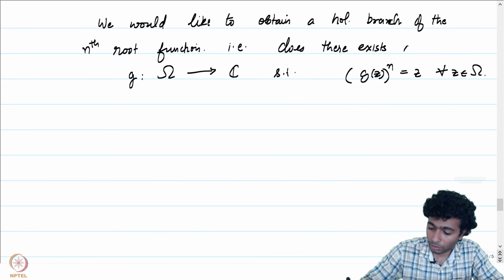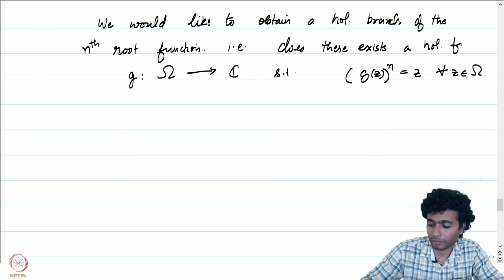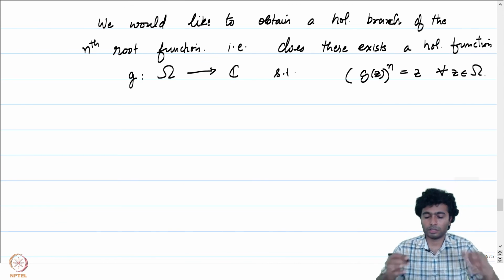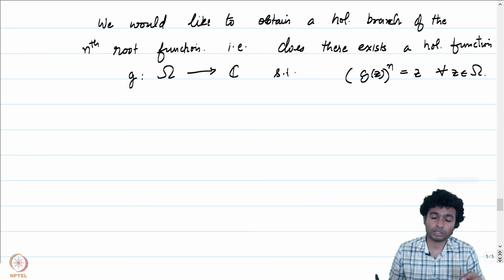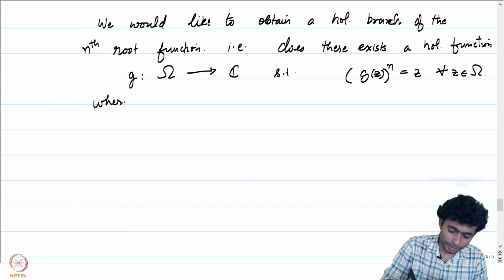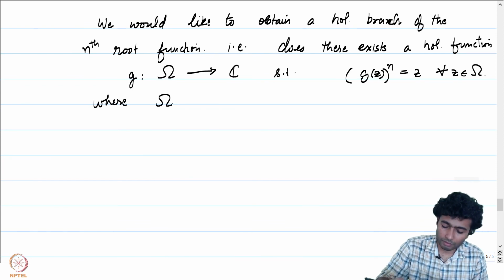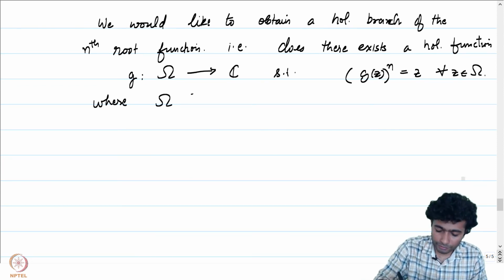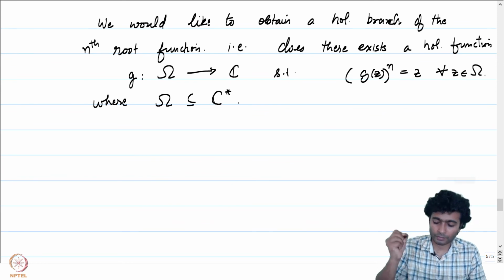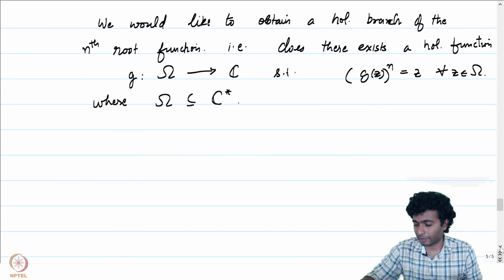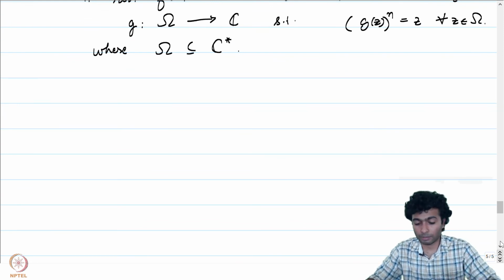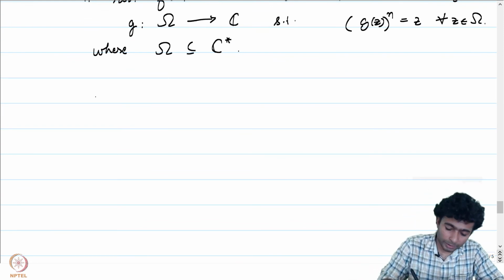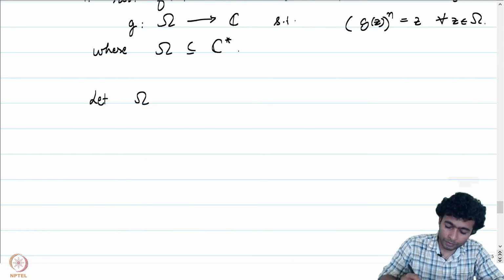Does there exist a holomorphic function g from omega to C such that g of z to the power n is equal to z for all z in omega, where omega is a subset of C star? Well, we are going to work on simply connected domains because that is where we have proved the existence of a holomorphic branch of the complex logarithm. So let's specialize to a simply connected domain.